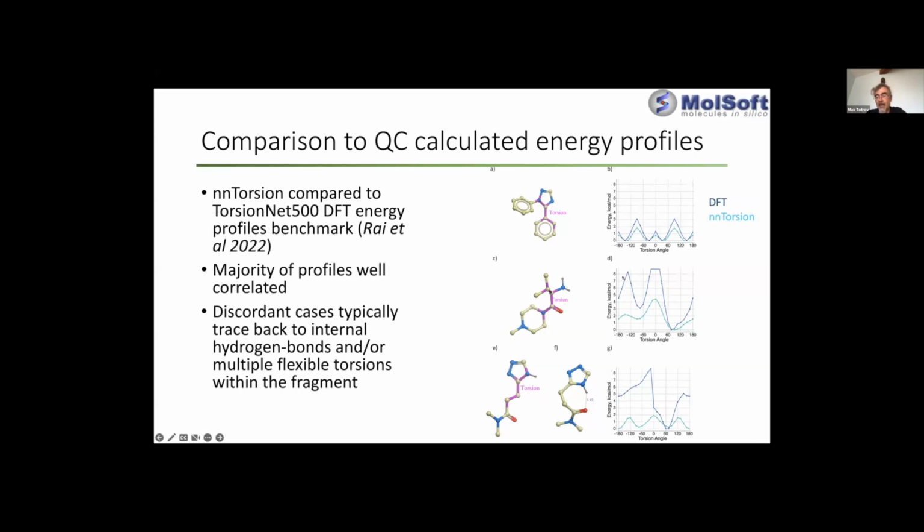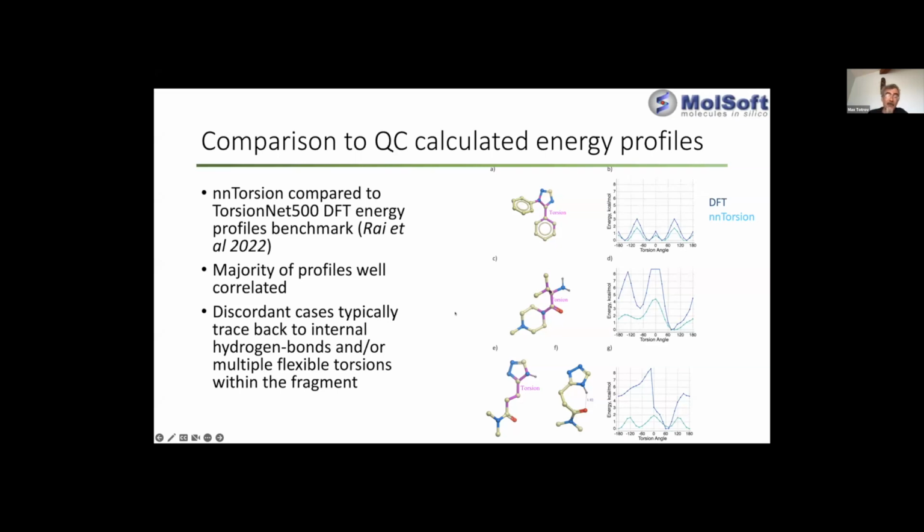In some cases the scale would differ, because again, the Boltzmann assumption is not really exact here. We don't know the effective temperature of the crystal environment, right? But anyway, the profile is still matching largely in terms of shape and location of minima.